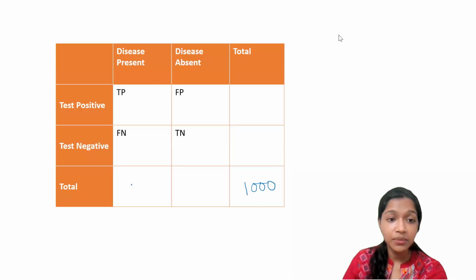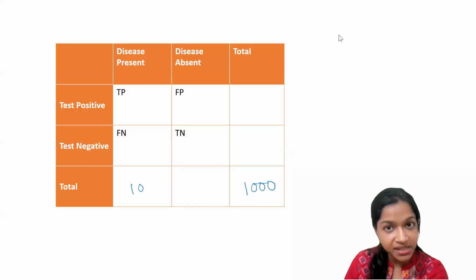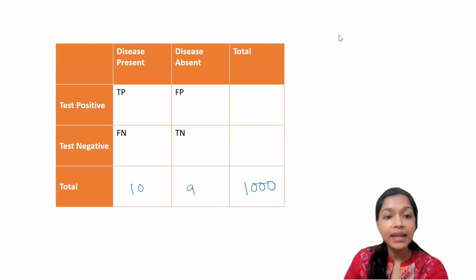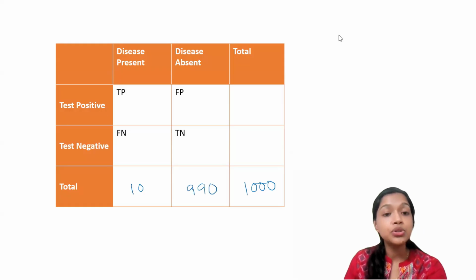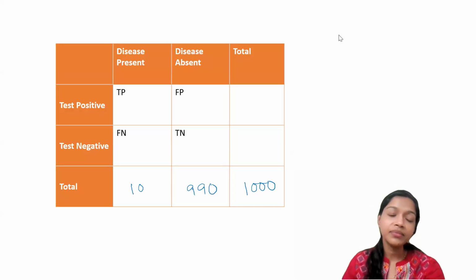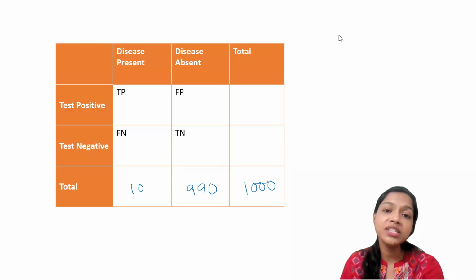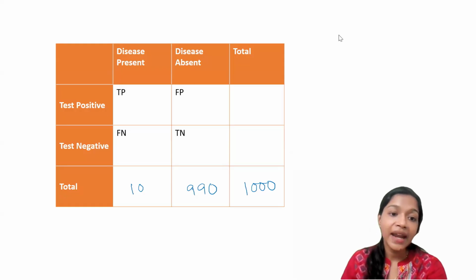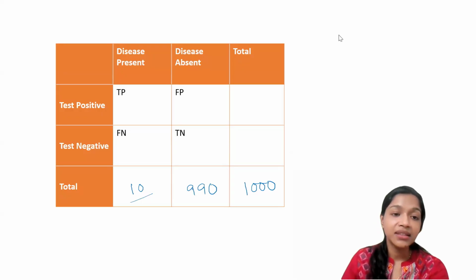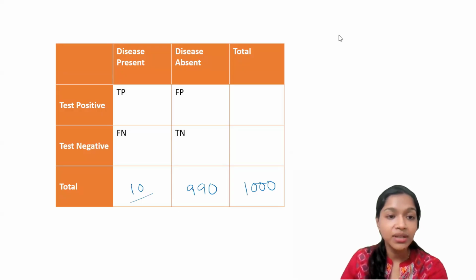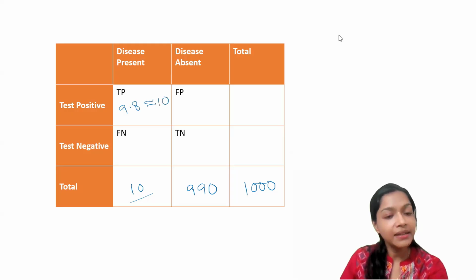So there will be 1% of 1,000, that is 10 people who have the disease in question, while 990 people do not have the disease. Now, when we apply the sensitivity value of the test, that is 98%, 98% of those who actually have the disease, the test is able to identify them. So 98% of 10 is 9.8, approximately 10.